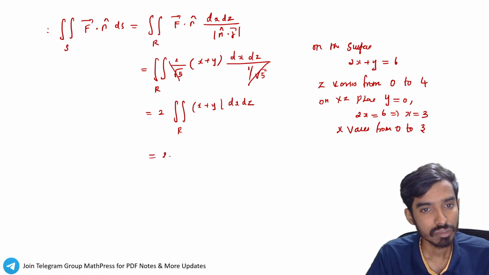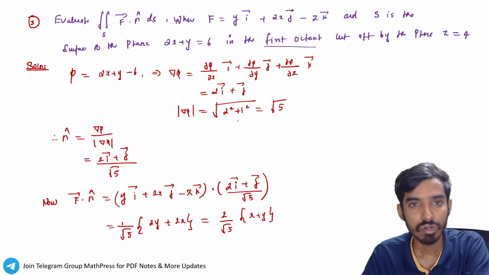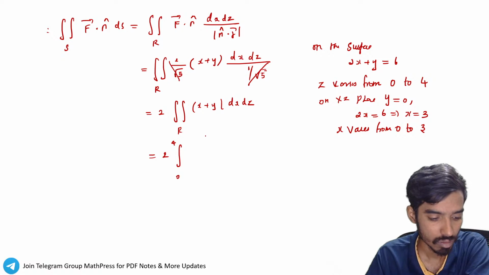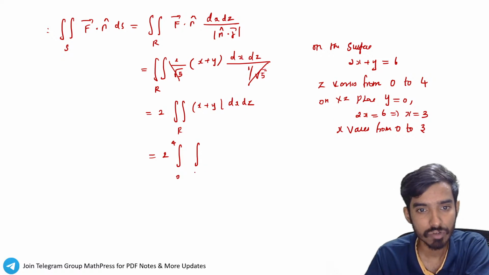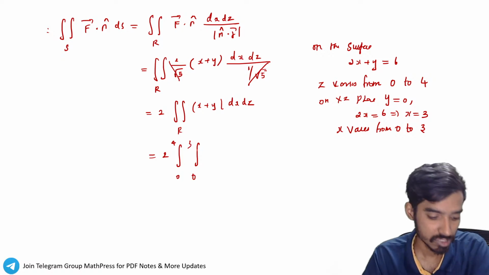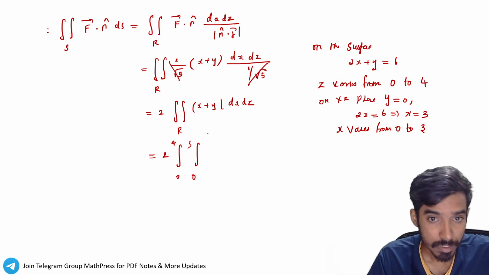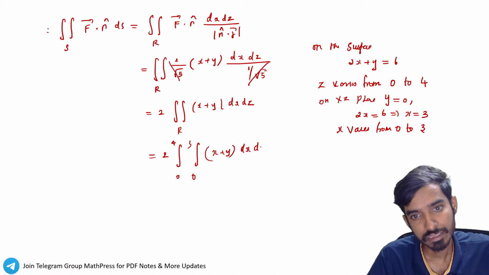So 2 times the integration where z varies from 0 to 4 and x varies from 0 to 3 of x plus y dx dz.